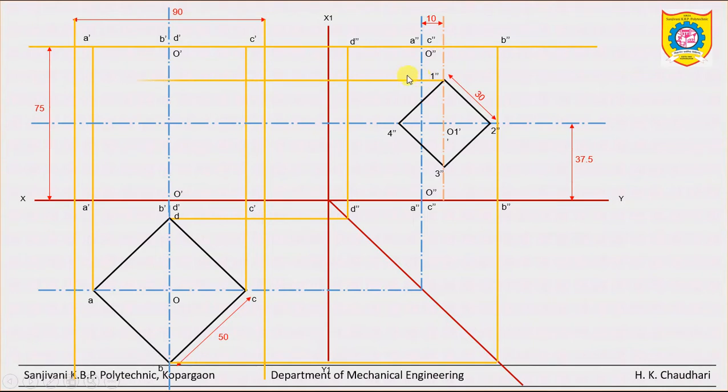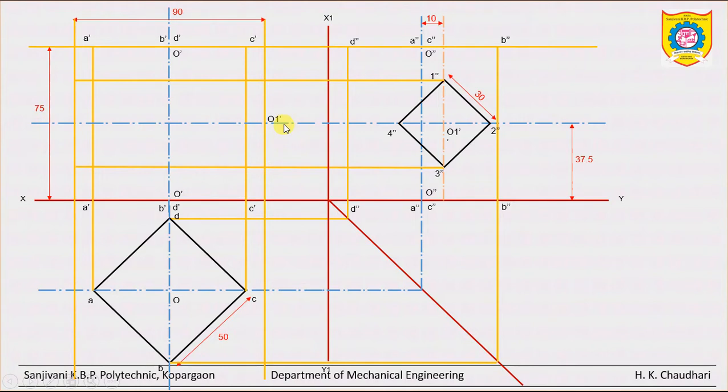So let us take the projections from each corner or each edge. So here it is the projection from 1 double dash, similarly 3 double dash, from 2 and 4 it is already on this center line.